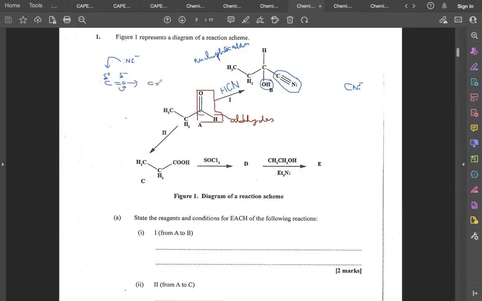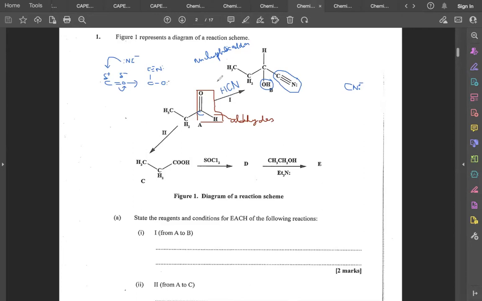We have C, and we have the CN that has bonded in, and then we have the O. Because the O pulled two of the electrons to itself, it ended up like this, with a negative charge on it, right?